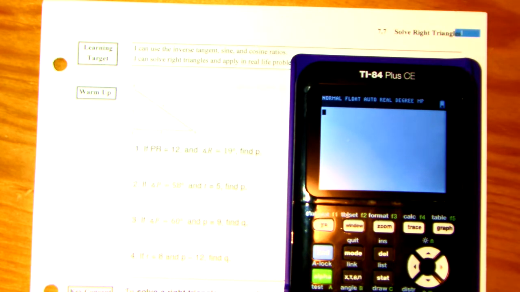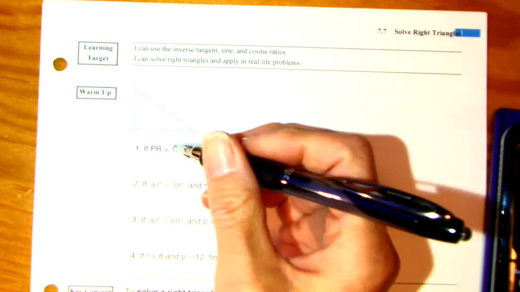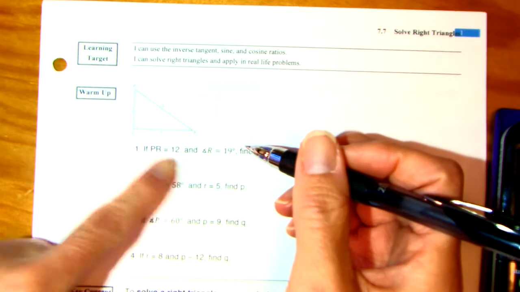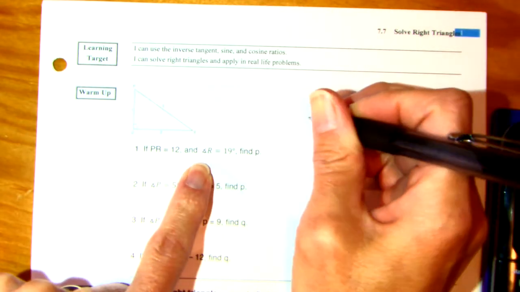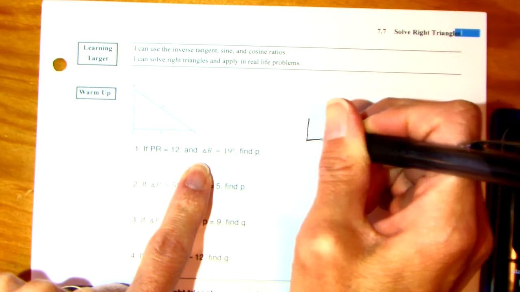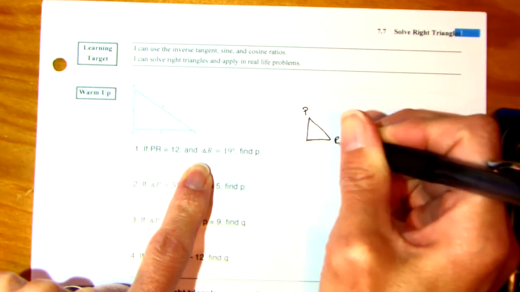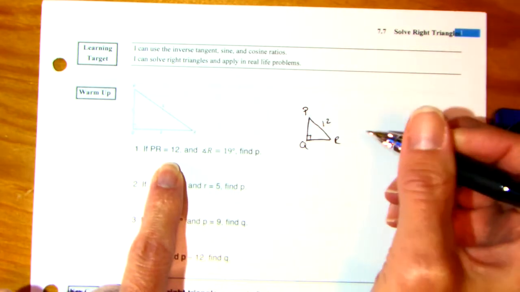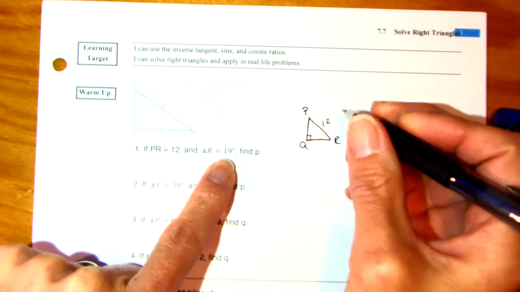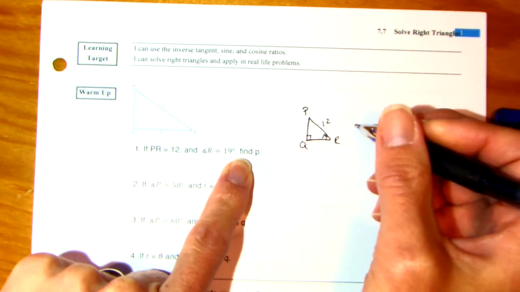All right, warm up. I'm going to be using this triangle for all of these, so I'll draw a separate triangle for each one. P, R, Q. If PR equals 12, this is my right angle, that's the hypotenuse, and angle R is equal to 19, find p.